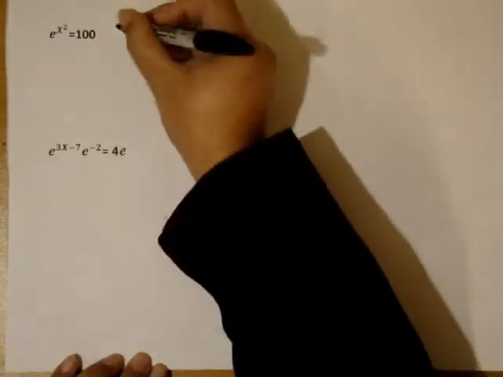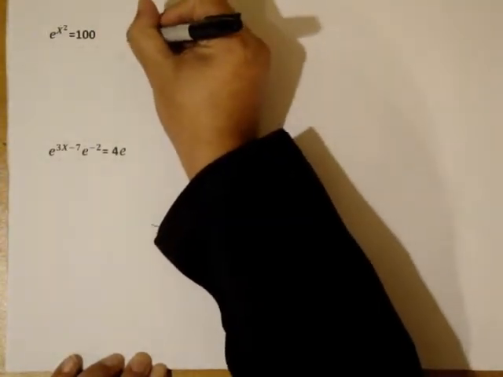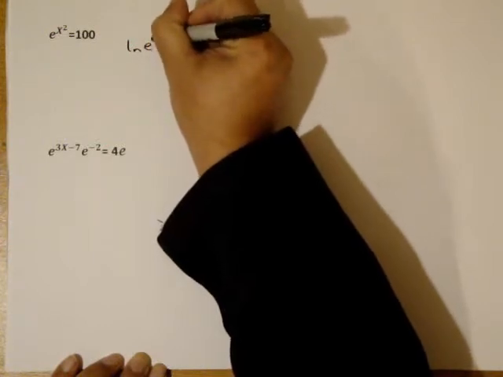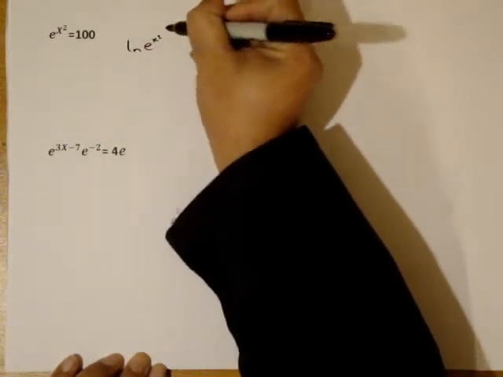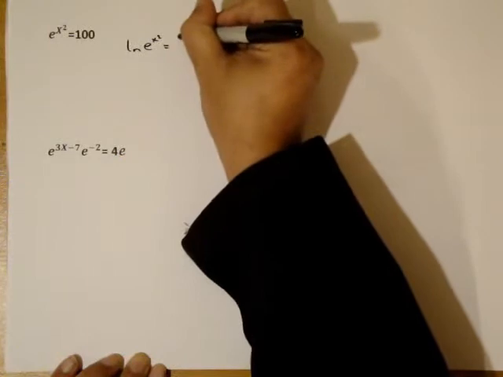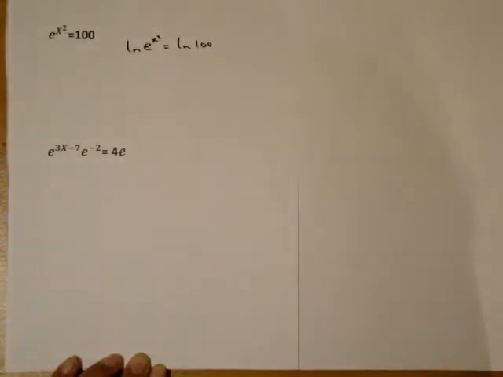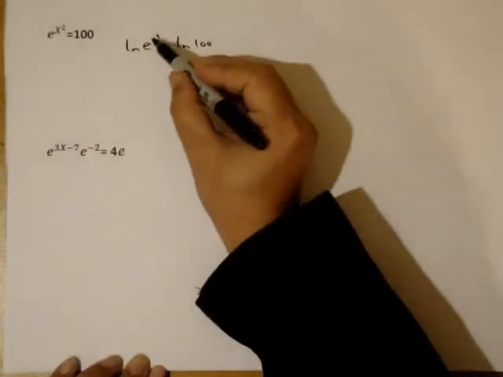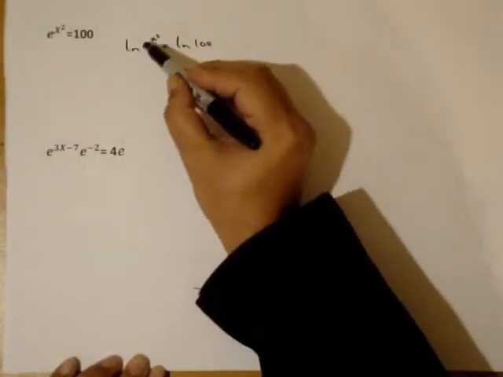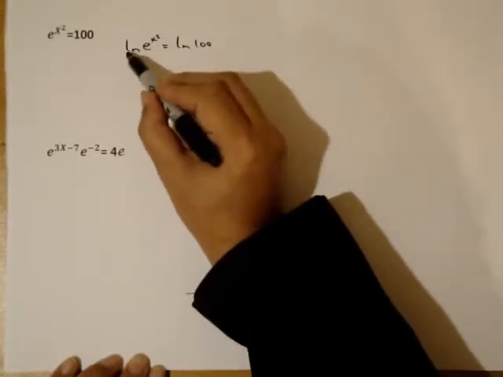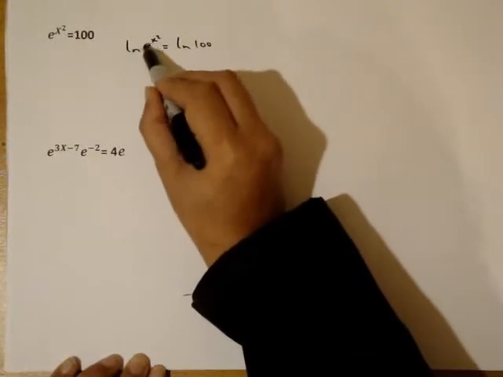Let's take the natural log on both sides of this, so this is natural log of e^(x squared) equals natural log of 100. Now because we've got the natural log of e and e together, these cancel each other out and become 1.